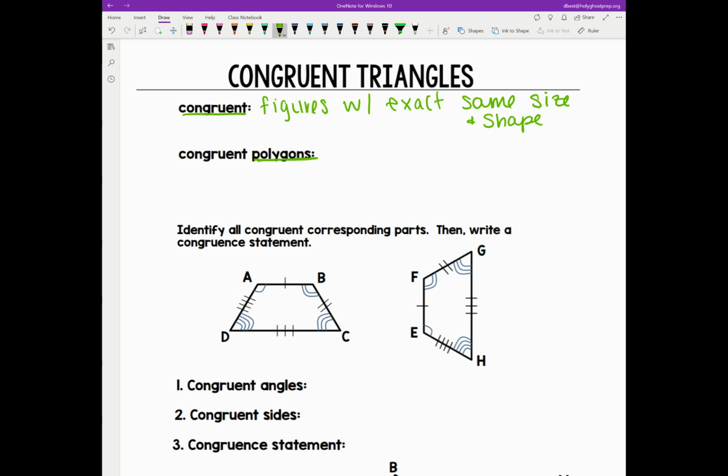Specifically with polygons, we've talked about polygons in the last chapter, and we're talking about any closed figures. When we have congruent polygons, what that means is all the parts, so that means sides and angles, of one polygon are congruent to all the corresponding parts of the other polygon.